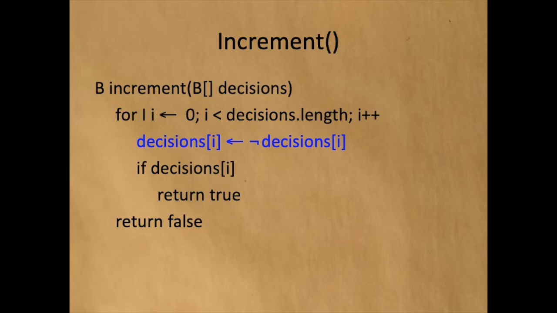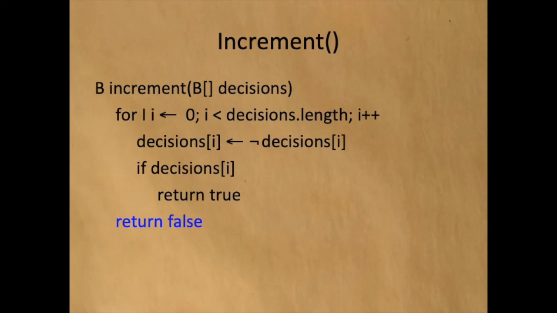It will assign the 0 back into that bit and carry the 1 forward. If decision sub i is 0, then the carry is 1 and we need to continue looping. If decision sub i is 1, then the carry is 0 and we can stop knowing that we have incremented the number. And finally, if we loop through the entire array, setting everything to 0, then the function will return false.